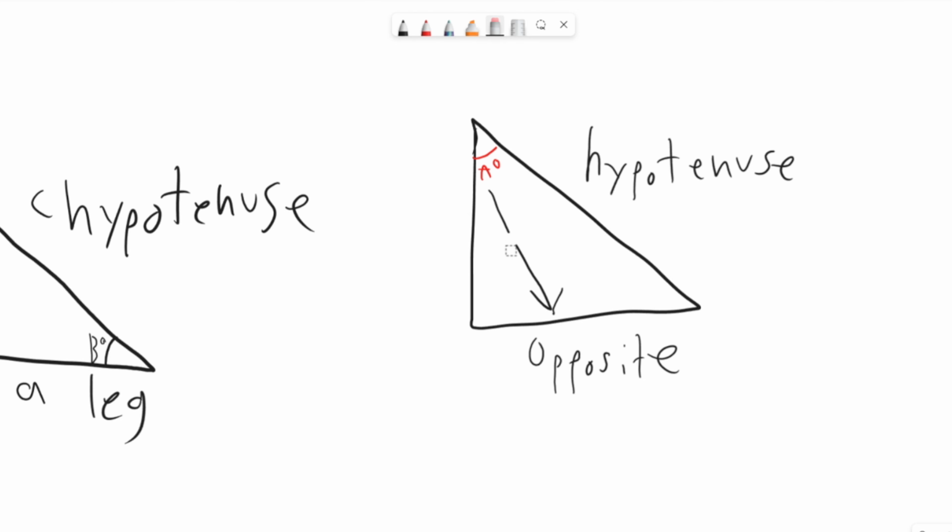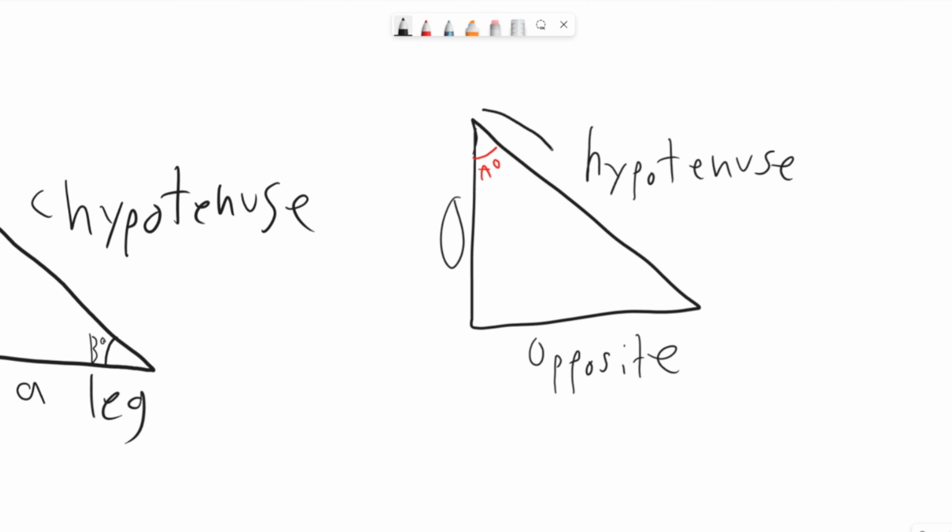Now, there's two ways you can think about which one this is. It's either the only one that isn't the hypotenuse and that isn't opposite to it, or you can think of it as the only side length that's going in a straight line off of your angle.